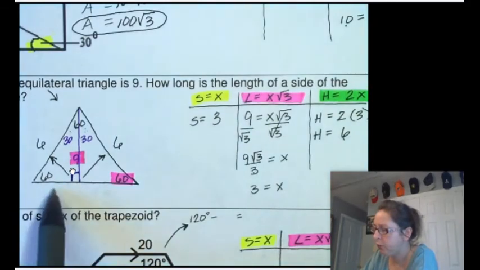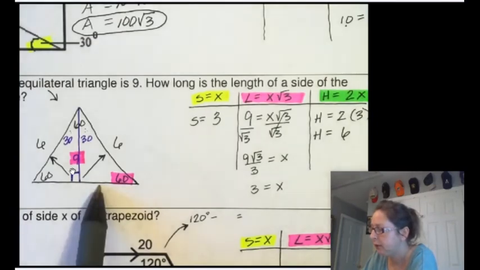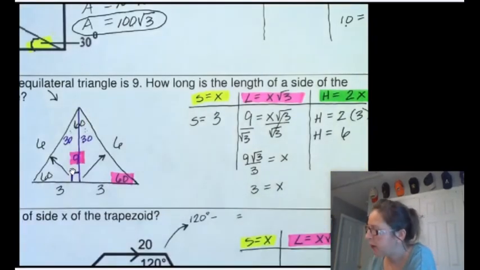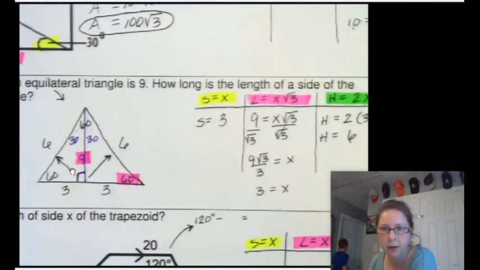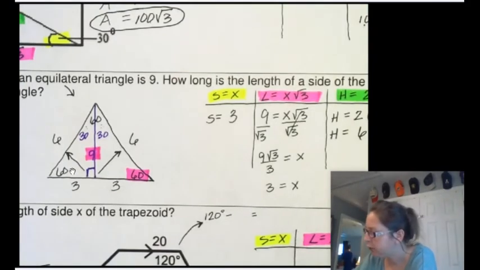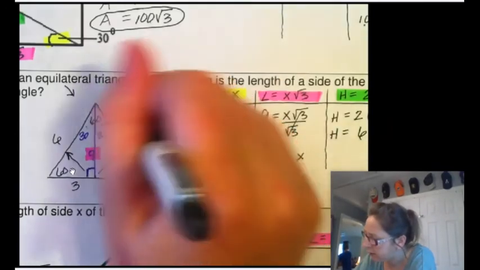And these two smaller sides are 3 and 3, which if you add 3 plus 3 will also give you 6. And it wanted me to find the length of one side of this equilateral triangle. Well, they're all the same measures because it's an equilateral triangle. So the answer is 6.